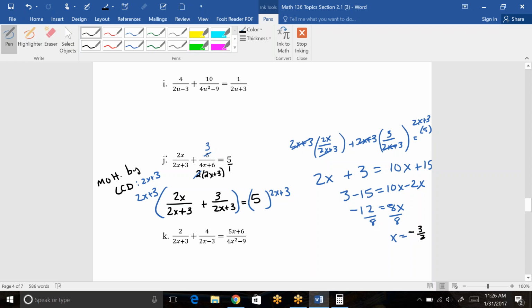And I want to talk for a minute because did you notice that at the very beginning I did not talk about my domain restriction? This is why I wanted to point this out to you. If you do not take the time to look at your domains, you will miss certain problems. The domain is based off of what was in the original denominator. So this 2x plus 3 never needs to equal 0 or our answer doesn't work.